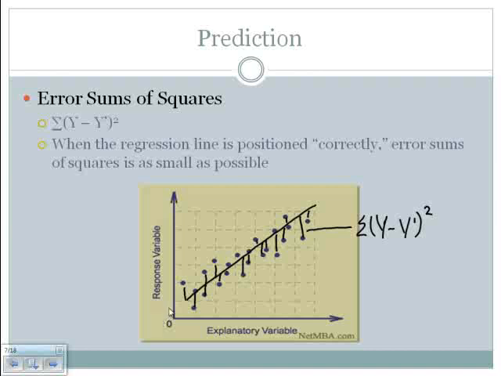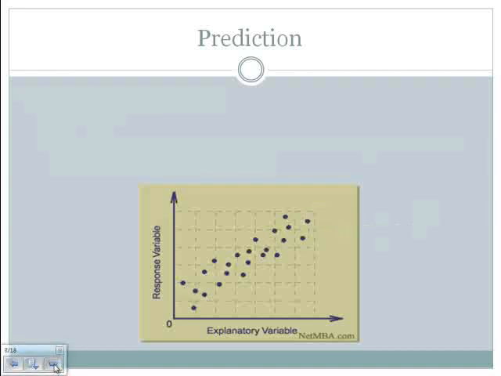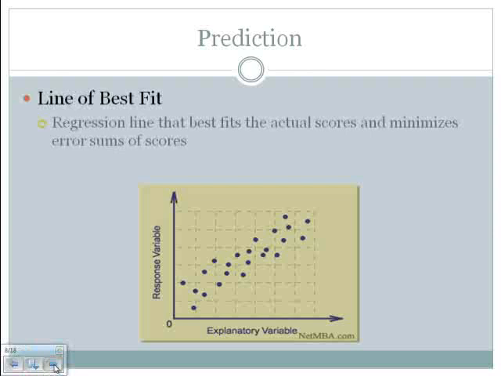And that's really the goal of calculating our prediction equation. When the line is put in place correctly, it is called the line of best fit. So it is the line that best fits the actual scores and minimizes error sums of squares.